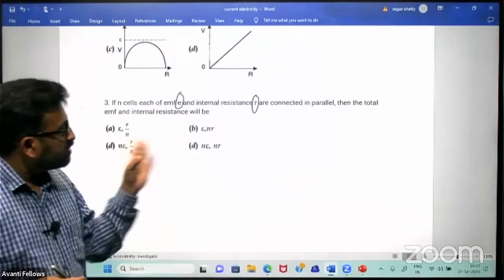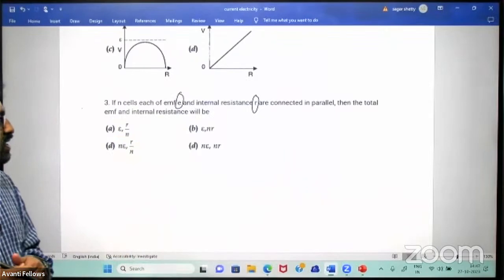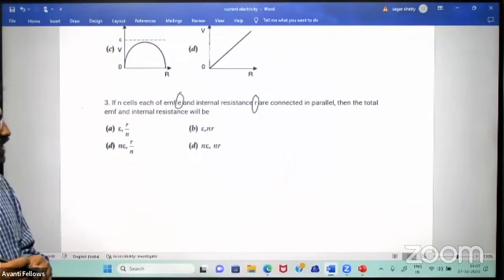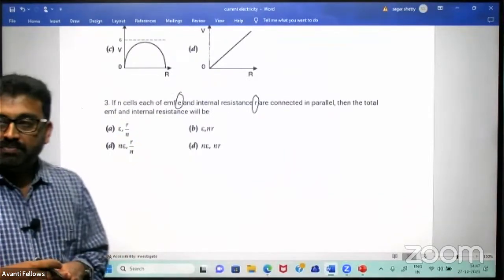This is a direct equation. What will be the value of total EMF and internal resistance?